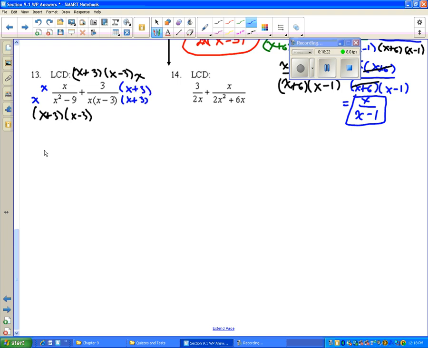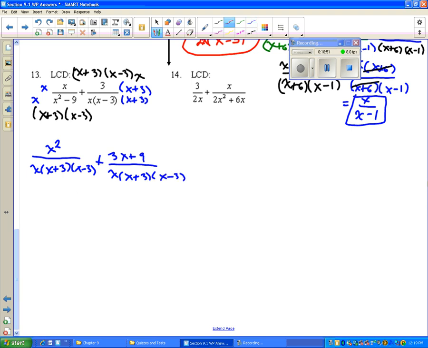So in the top, x times x is x squared. In the denominator, I'm going to get x times x plus 3 times x minus 3. And this is going to be plus 3x plus 9, if I distribute that 3 through, over x times x plus 3 times x minus 3.